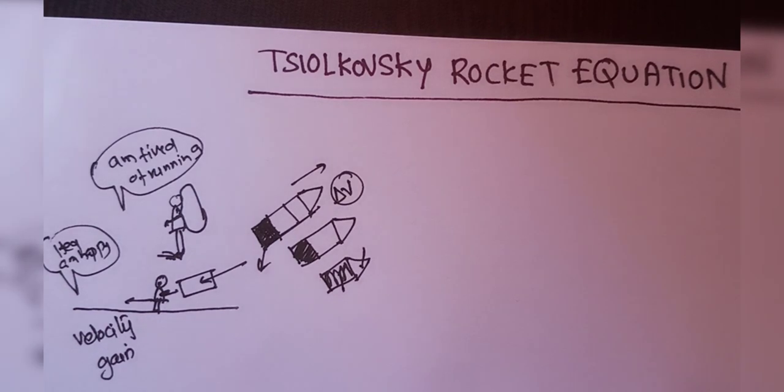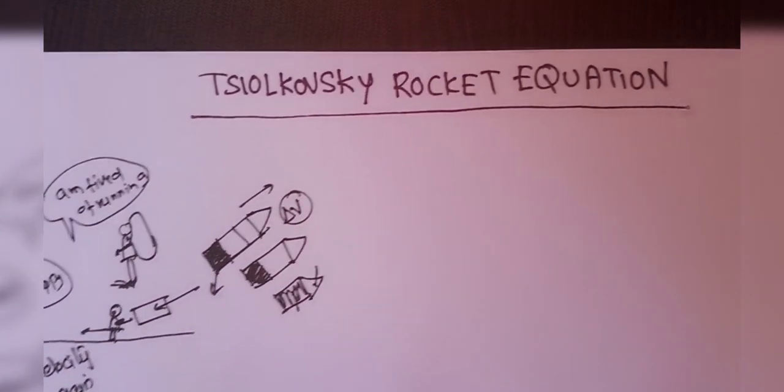In different textbooks they have mentioned a complex way of solving it, but by understanding the concept, we can derive it in a much simpler way. This will be very relevant for professionals and undergraduate students pursuing aeronautical and aerospace engineering. So without wasting much time, let's get started.